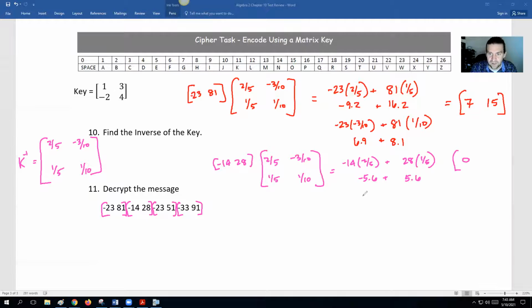That would be 0 if we add them together. Then we rinse and repeat: negative 14 times negative 3/10 is 4.2, and 28 times 1/10 is 2.8. Add them together, that would be 7. Okay, 2 done, 2 more to go. We got negative 23, 51.